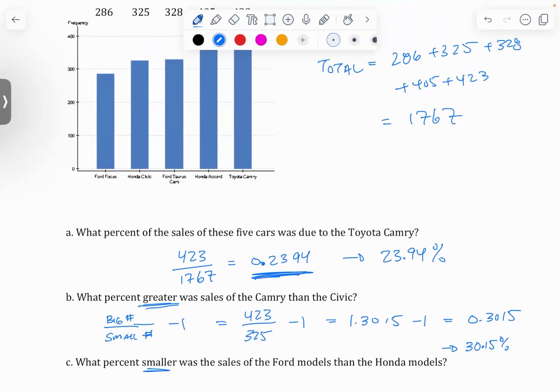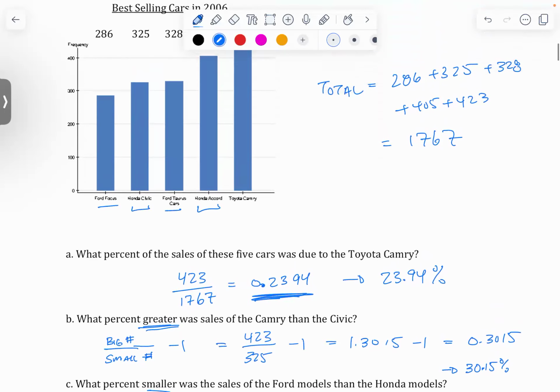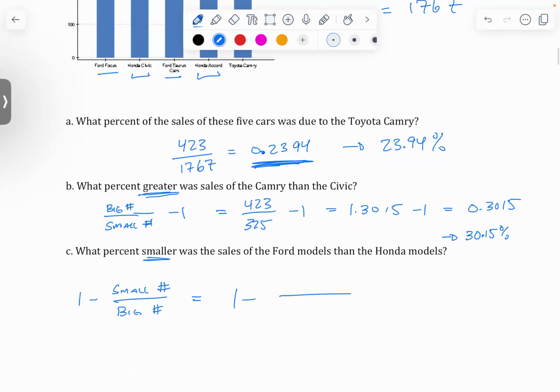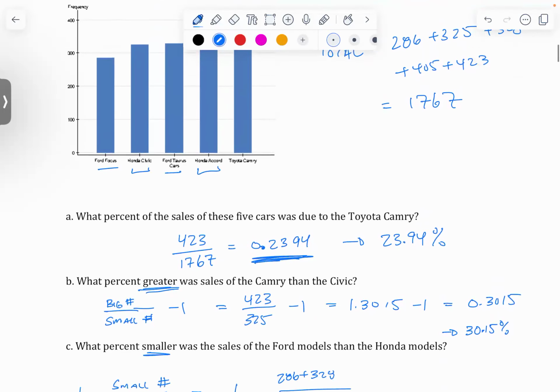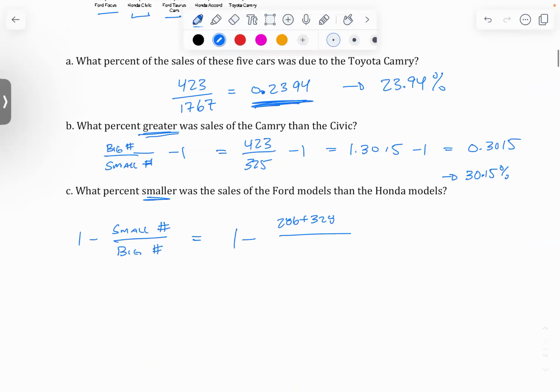The Ford models are there and the Honda models are here. We can notice that the Ford models are going to be less because they're further to the left. So I know that the Ford is going to be the smaller numbers, which is 286, 328, all over 325 and 405.